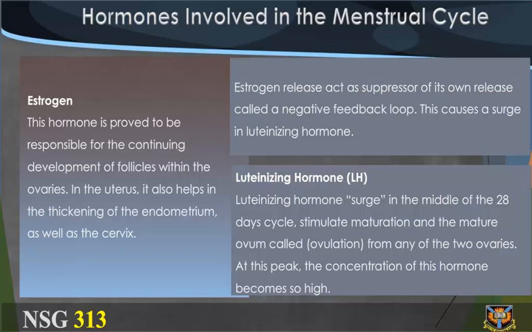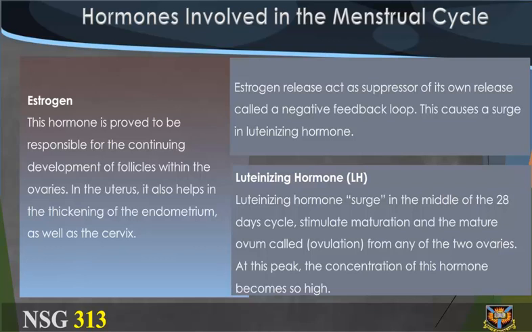In the uterus, it also helps in the thickening of the endometrium as well as the cervix. Estrogen release acts as a suppressor of its own release, called a negative feedback loop. This causes a surge in luteinizing hormone.